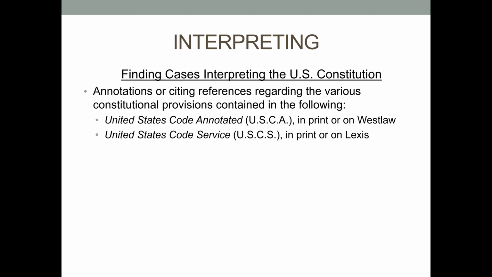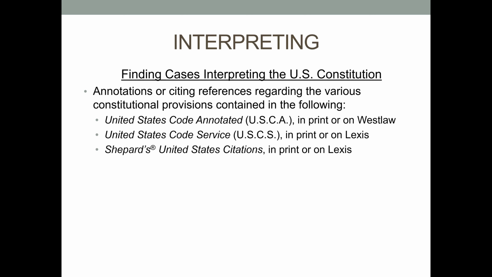Now, the same type of benefit is in the United States Code Service, the USCS, which will contain annotations, that is, summaries and abstracts from cases that have interpreted or applied the particular provisions of the Constitution. And that is in print form. And if you have Lexis, then the United States Code Service will be available on Lexis.